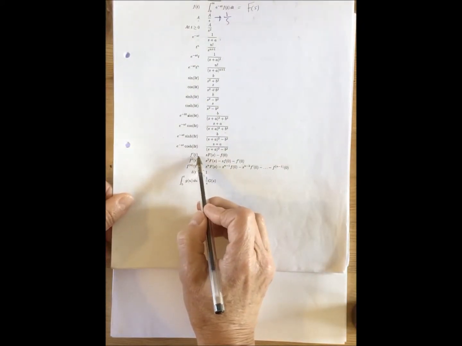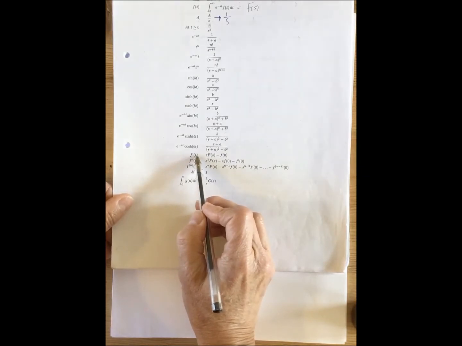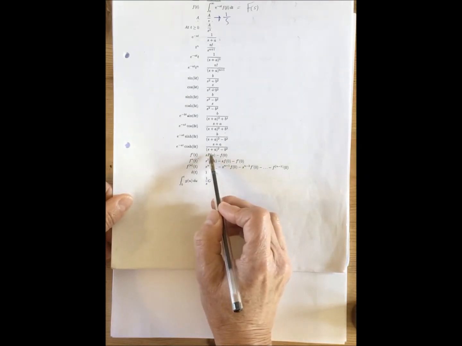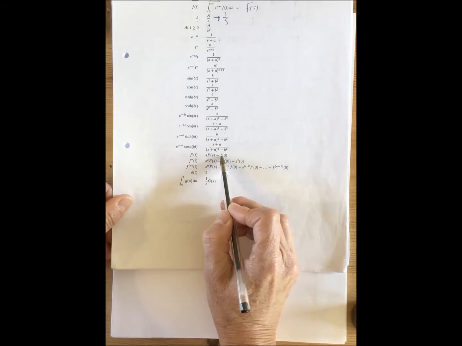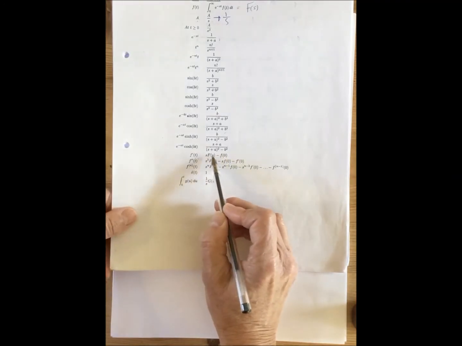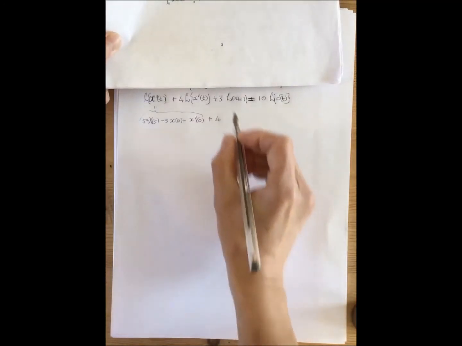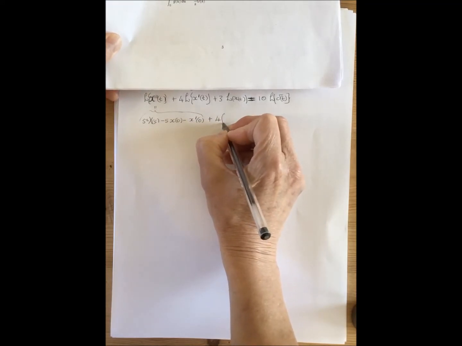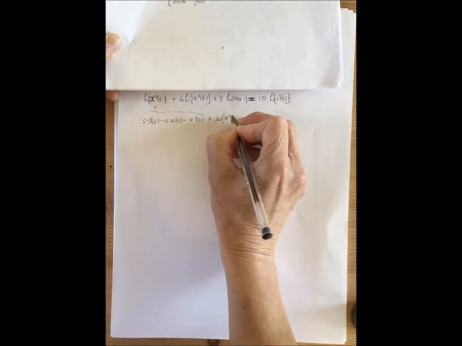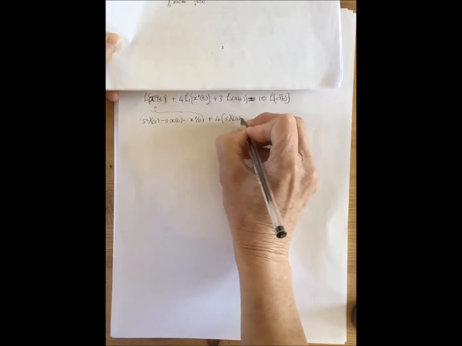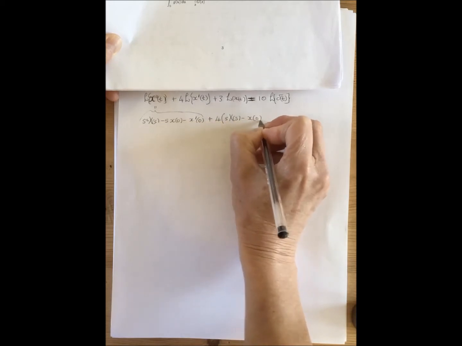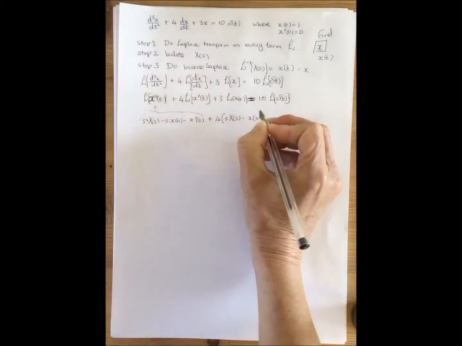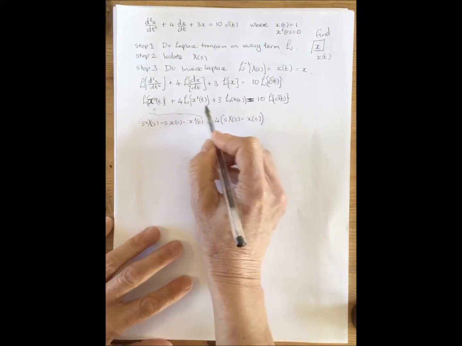So here we have f dash t: s F(s) minus f(0). We will change the f's into x's again. So it's going to be plus 4 brackets s X(s) minus x(0). That's that part, okay.